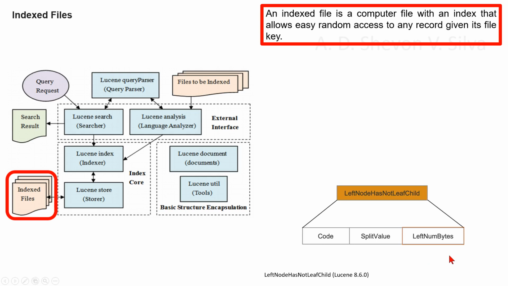Here you can see the left node has not leaf child. Code, split value, and left num bytes describe the same meaning. Left node has not leaf child consists of code, split value, and left num bytes.